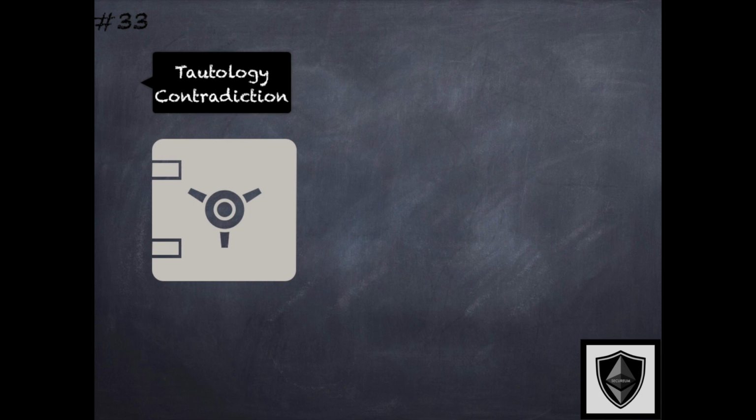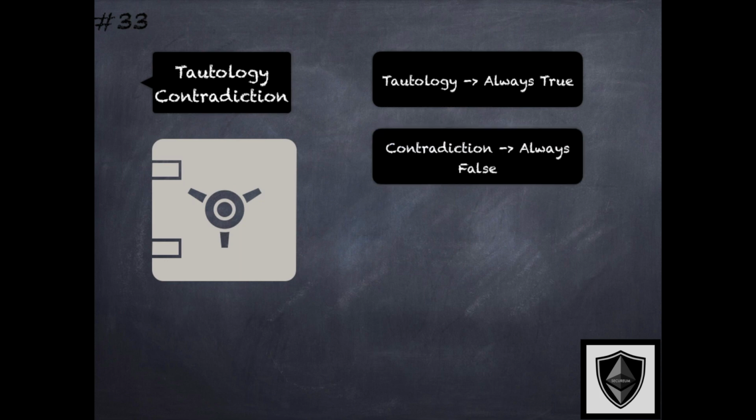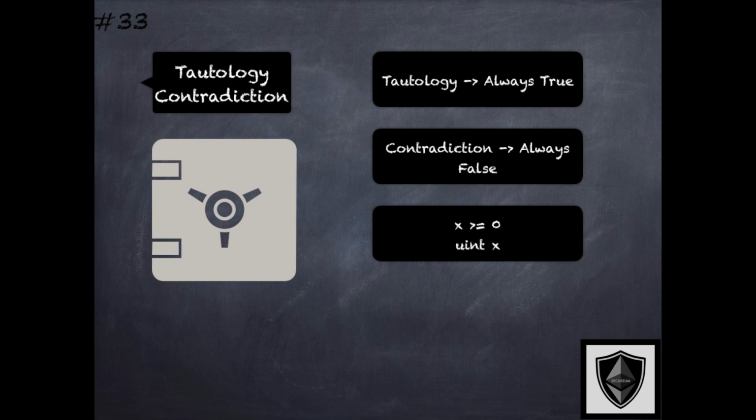An interesting security consideration is that of tautologies and contradictions. A tautology is something that is always true, whereas a contradiction is something that is always false. And within smart contracts, if there are certain primitives used, such as the example shown here, where there is an unsigned integer variable x, and then there is a predicate that checks if x is greater than or equal to 0.